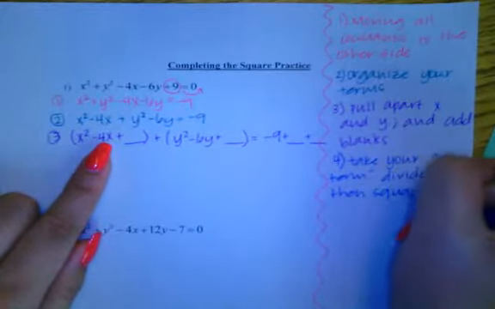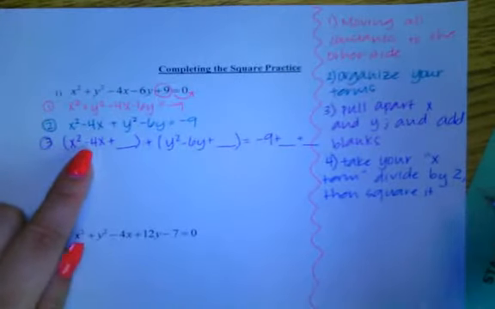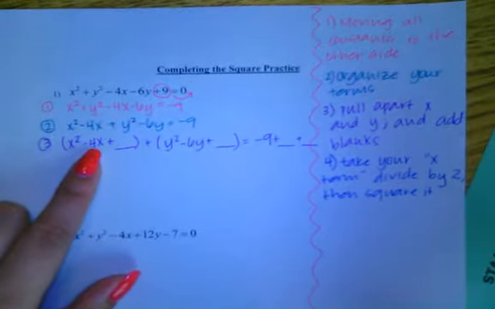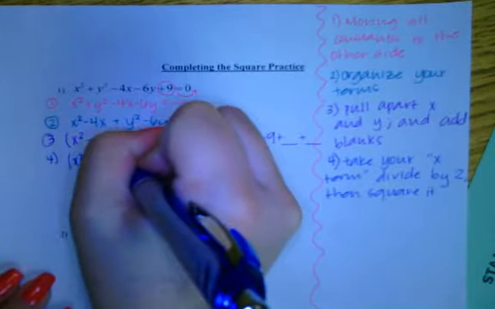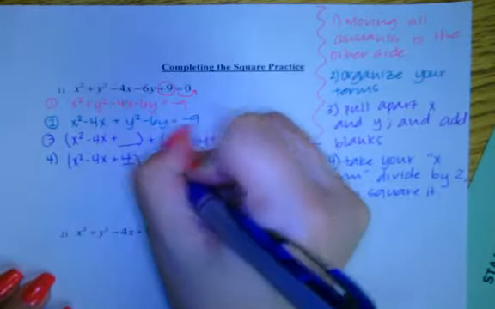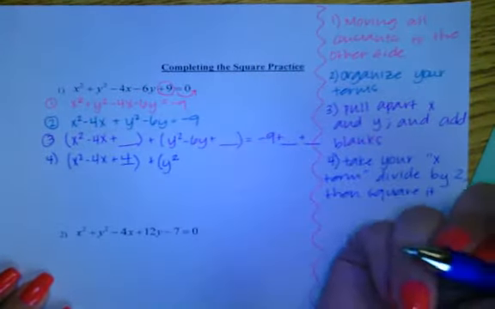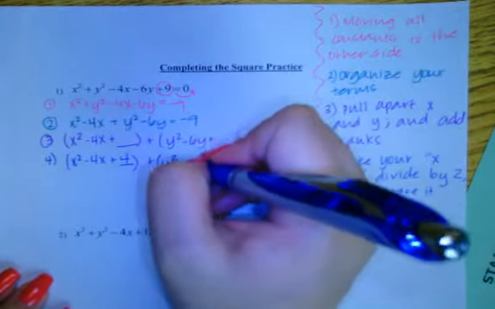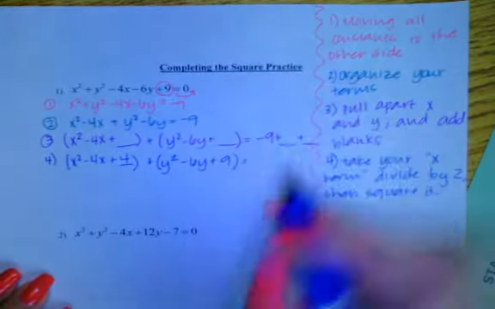So what is negative 4 divided by 2? Negative 2, and when you square that, what do you get? Sweet. What is negative 6 divided by 2? Negative 3. And you square that, and what do you get? 9. Okay, these two values that you added over here, you have to add to your other side.